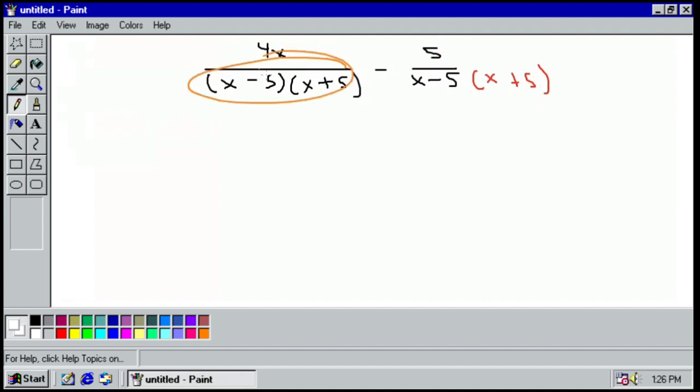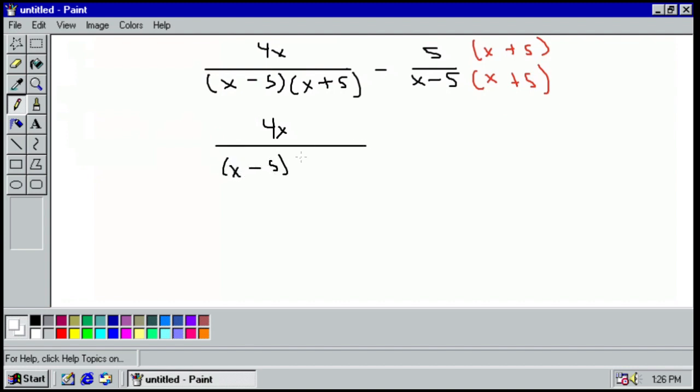But we have this rule in algebra that when you multiply the denominator, we need to also multiply the numerator so that we don't change the value of that certain number. We need to only change that so they can have the same denominator. So let's copy this part.